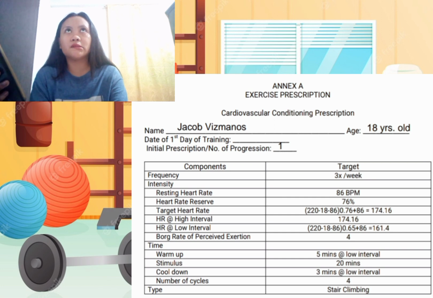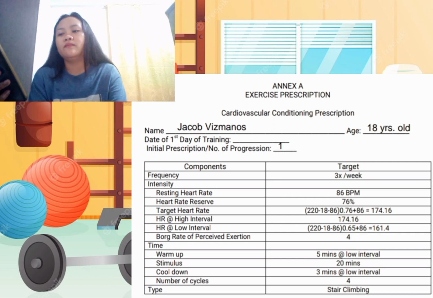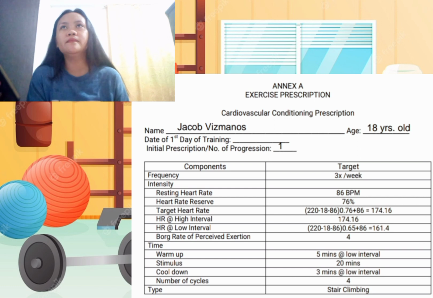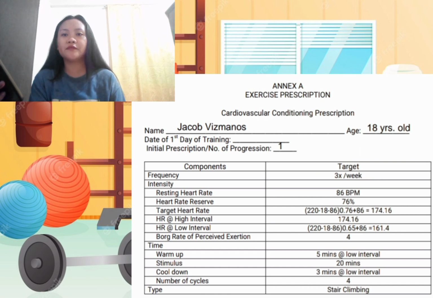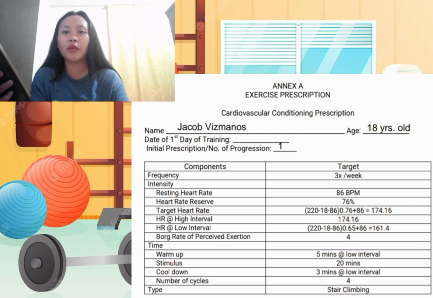Since Jacob is again a beginner, we must follow the standard or advised prescription for all beginners to have safety and to avoid any injuries to our trainee during the exercise execution.